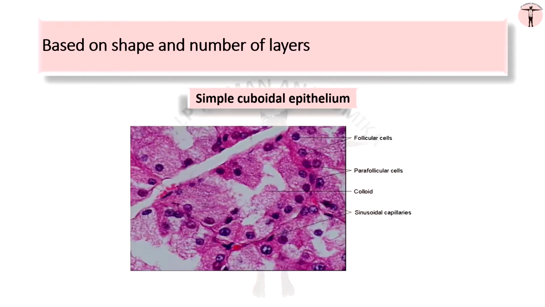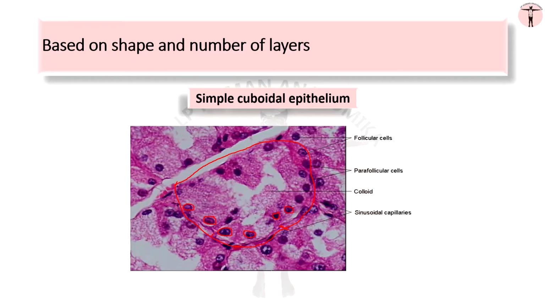Okay, so here the picture shows the section of thyroid gland. In thyroid gland we can see the follicles of the thyroid gland. Okay, this is one follicle of the thyroid gland, and when we observe one follicle, there are round nuclei. Here all these blue round structures represent the nuclei of the cells.